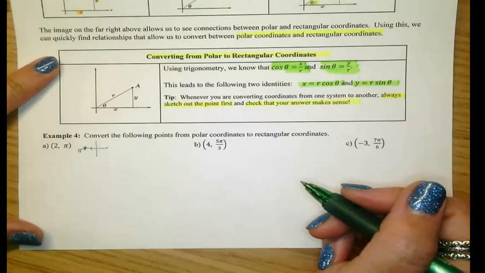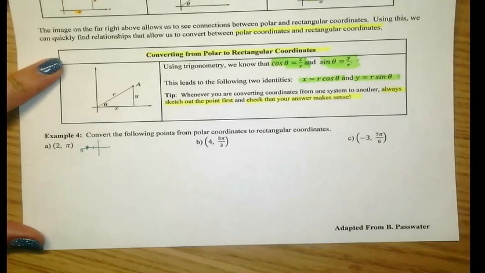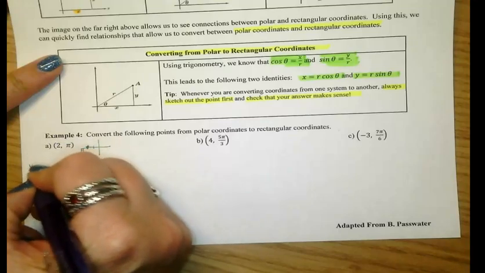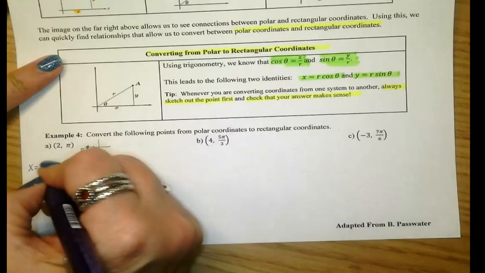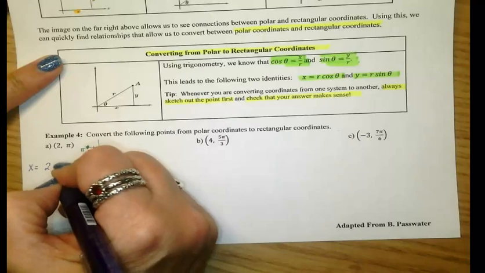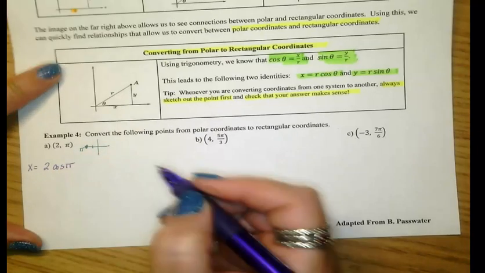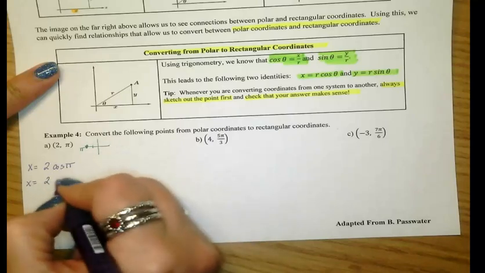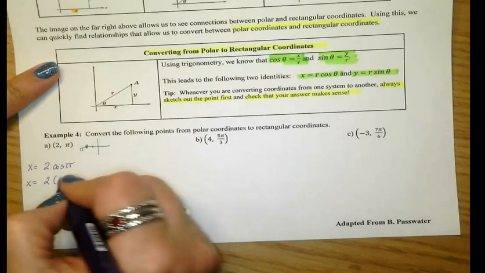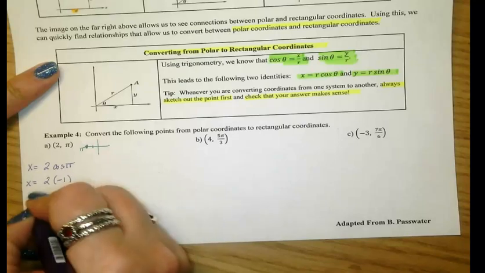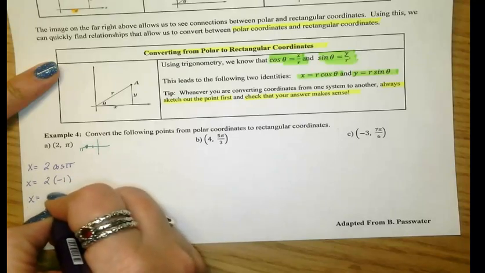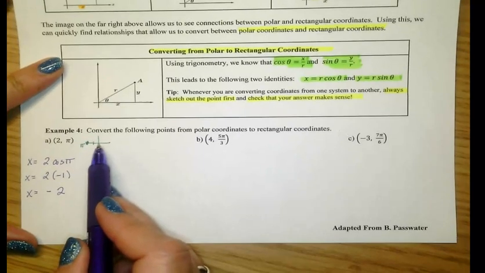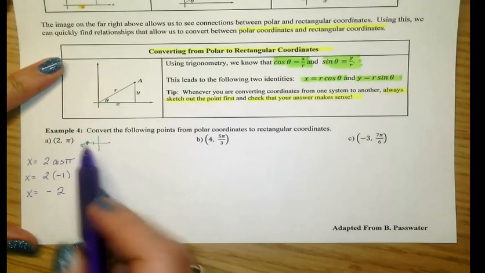In order to do the mathematical conversion, I'm going to say x equals, and what's my radius? 2 cosine of pi. We should know cosine of pi from our unit circle. The cosine of pi is -1, so x is going to equal -2, which makes sense when we look at our picture. The x value would be -2.